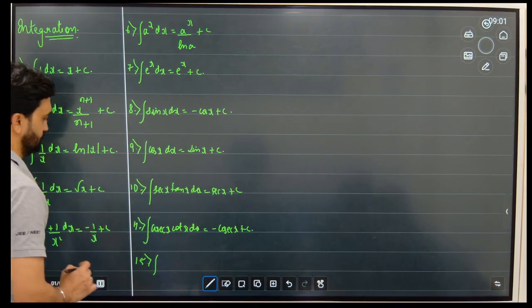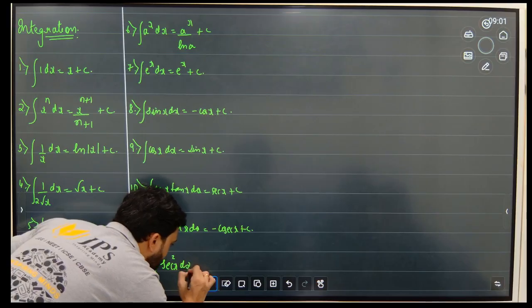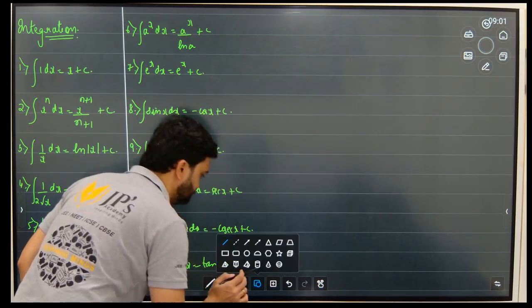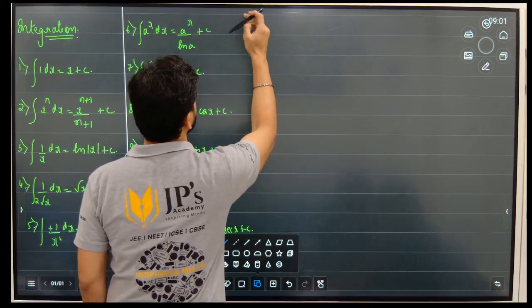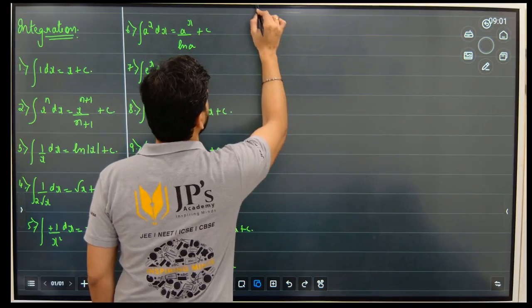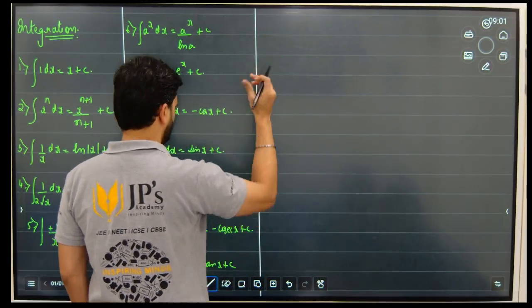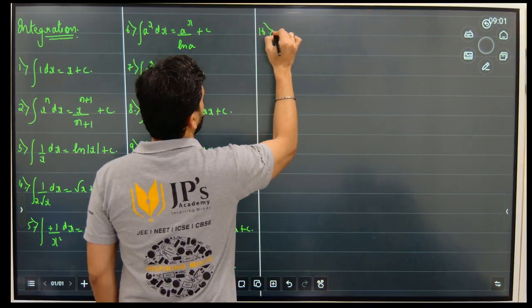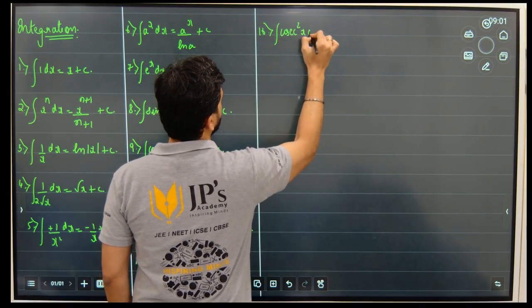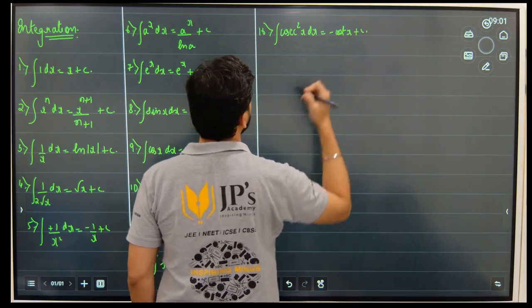Integration of sec square x dx is equal to tan x plus c. Integration of cosec square x is equal to minus cot x plus c.